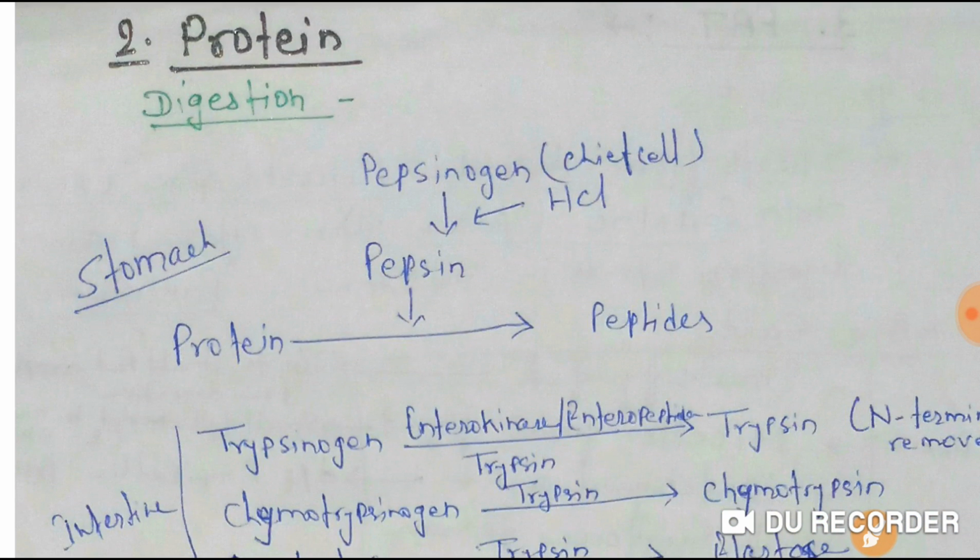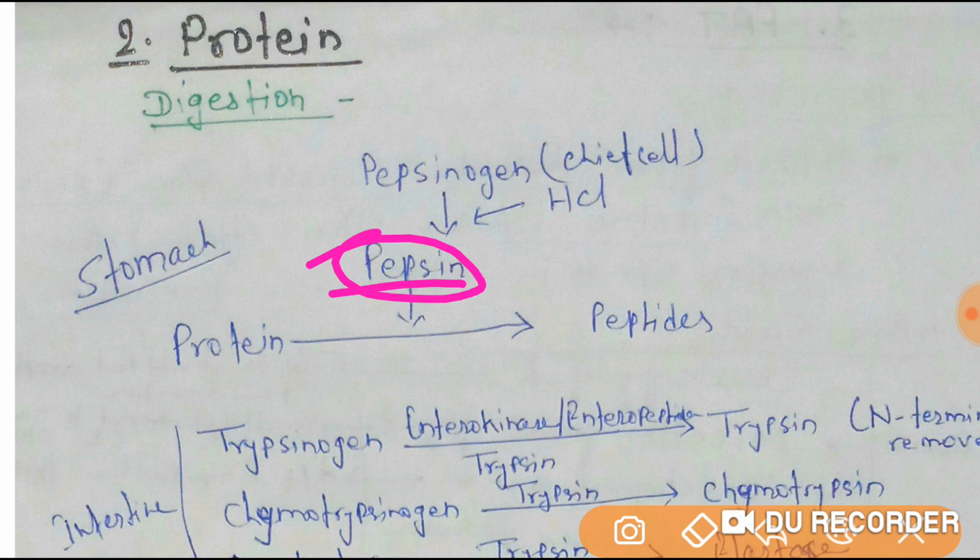Next is the digestion of protein. Digestion of protein starts in the stomach. Here the protein is broken to peptides by pepsin, and pepsin is formed from pepsinogen, which is the inactive form and is secreted from the chief cell.